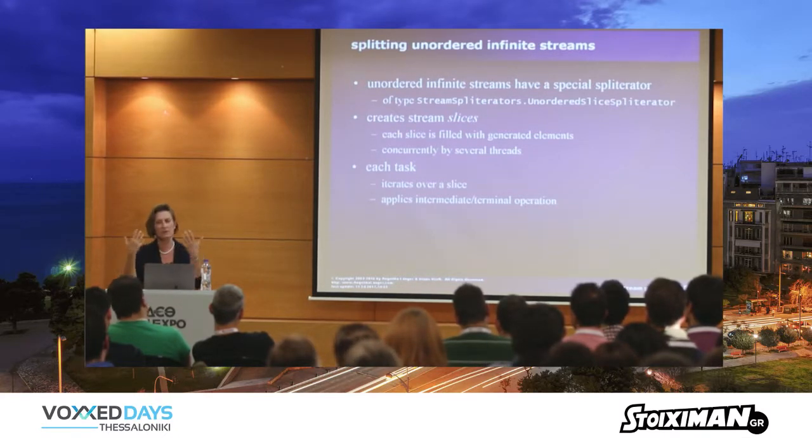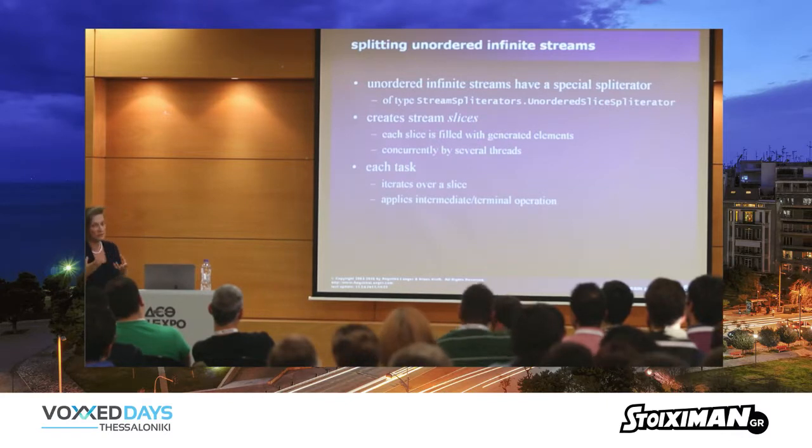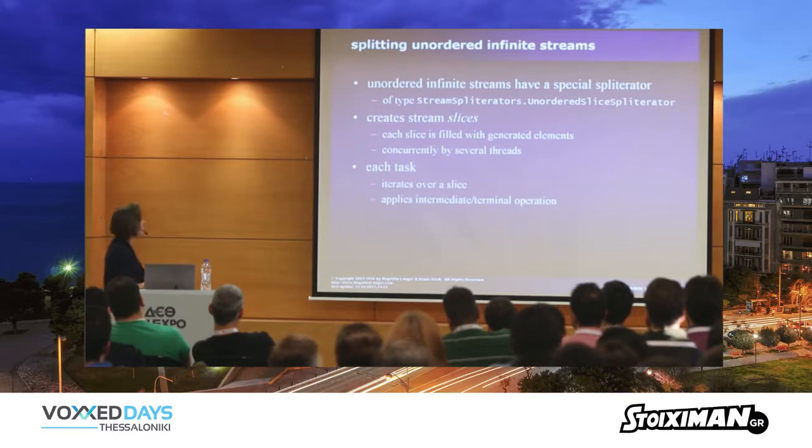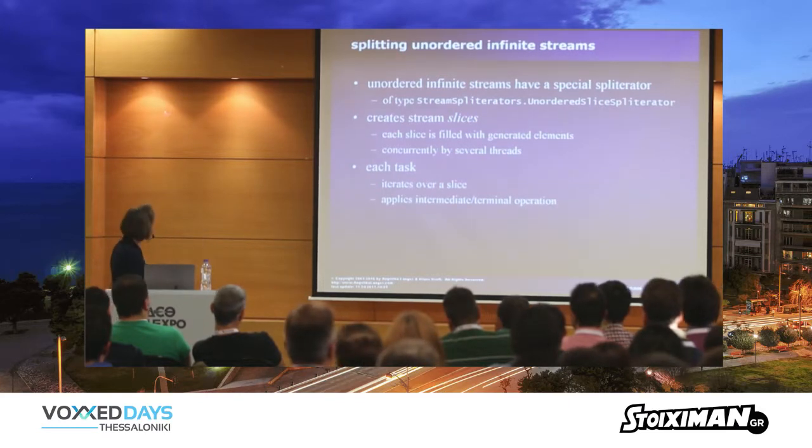So the splitterator is some kind of sophisticated iterator. And every stream source has a splitterator. And stream sources created by the generate function use a so-called unordered slice splitterator. That's an internal abstraction, which you will be seeing perhaps if you go and debug the stream operations. But it's entirely internal. You are not supposed to know this.